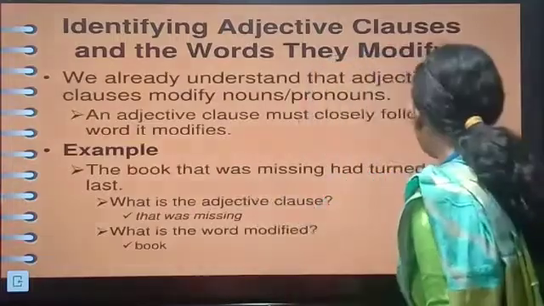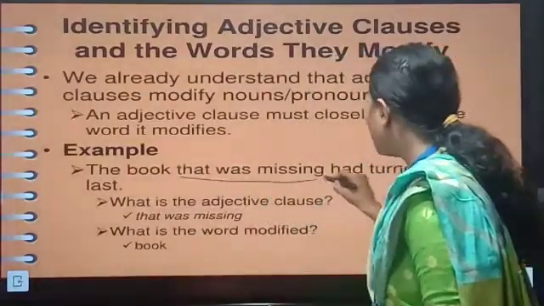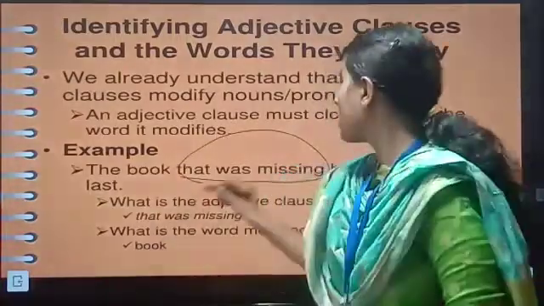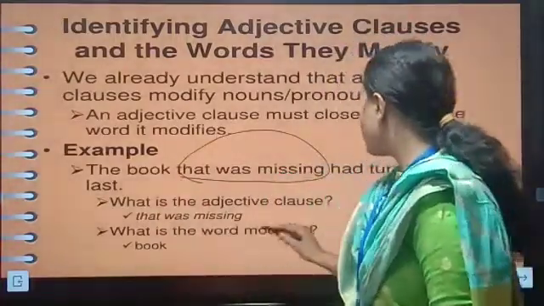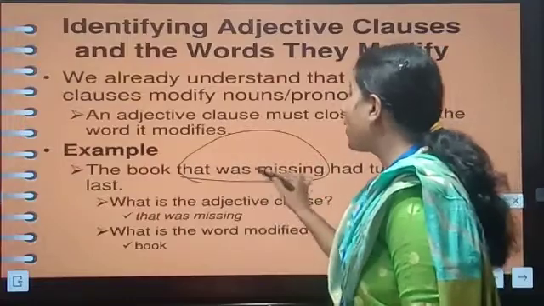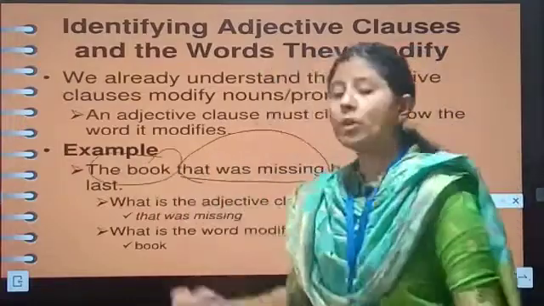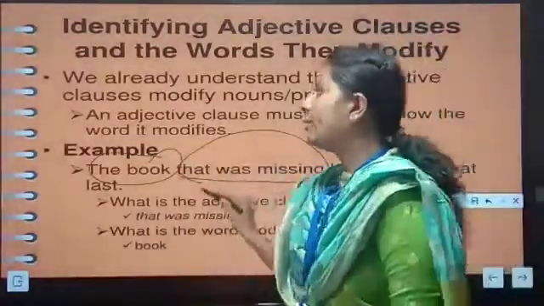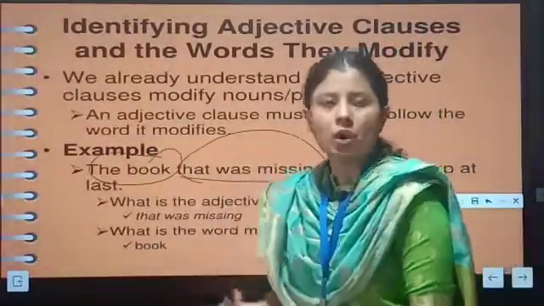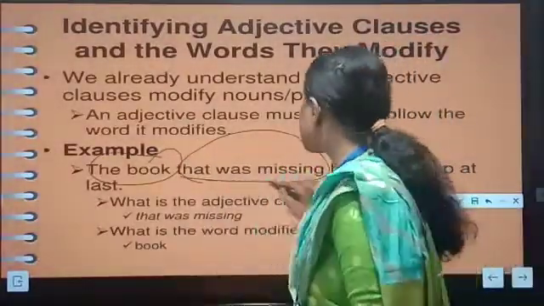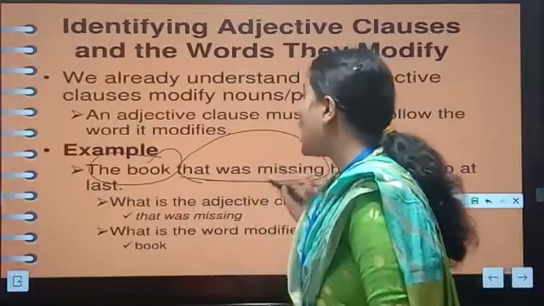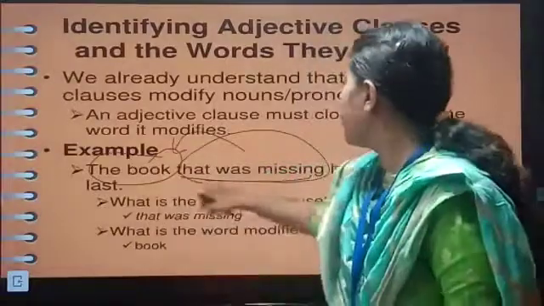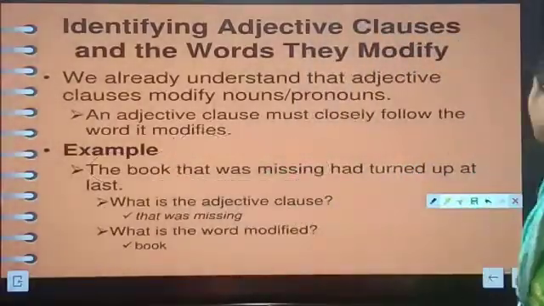That is the relative pronoun, and this will be called the adjective clause. Now what is the word modified? It is modifying the book, and book is the noun. As we have learned, adjective clauses modify the noun. So this is the adjective clause and it is modifying the noun, the book.